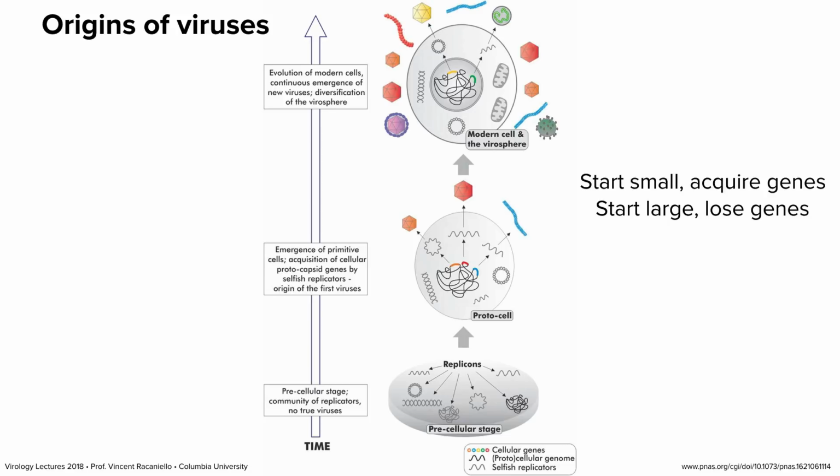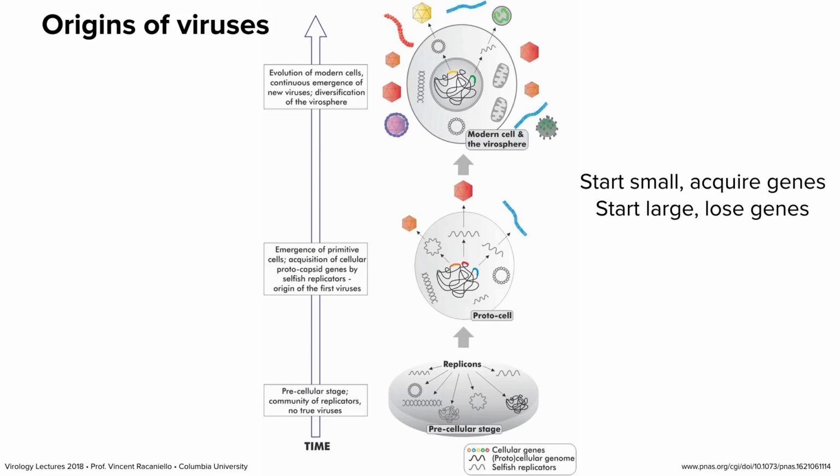And at some point, these selfish replicons, we call them selfish replicators, capture capsid proteins, probably from the cell. So if we look at the structures of a variety of viral capsid proteins, we can see related proteins in cells. So the idea is these replicons grab the capsid protein gene and were able to escape and infect other cells. And that, of course, leads to the evolution of modern cells where we have a nucleus, which some people think was donated by a DNA virus.